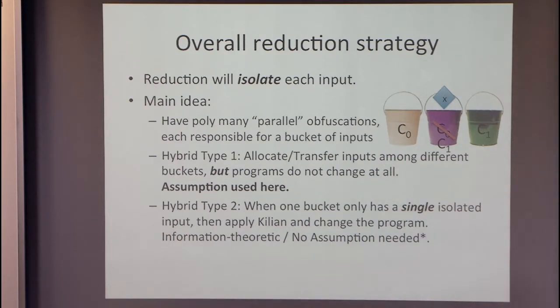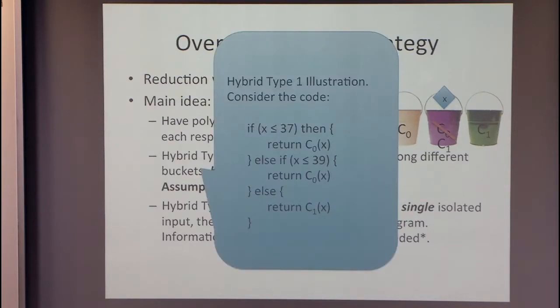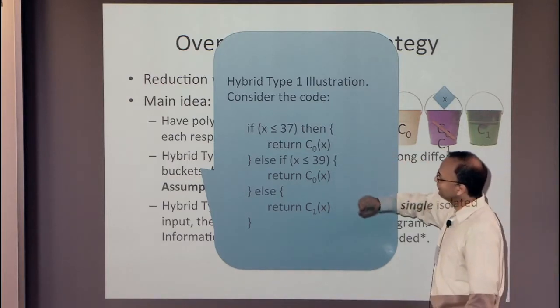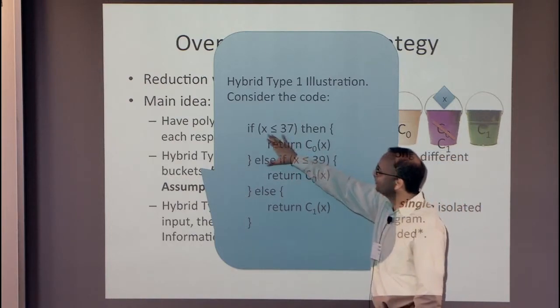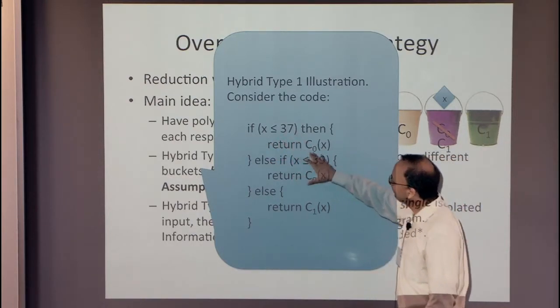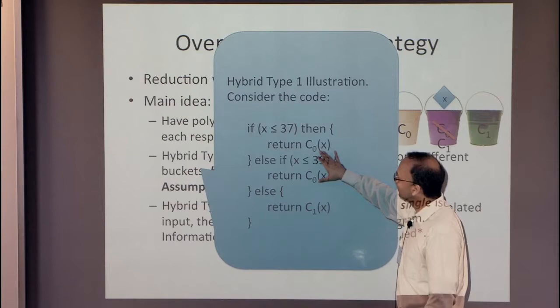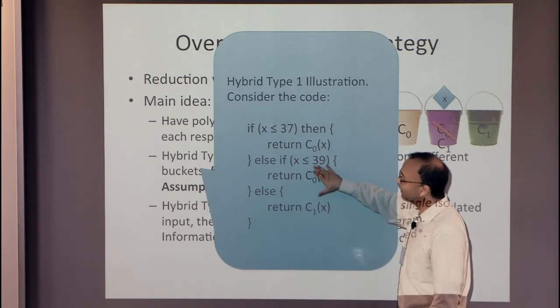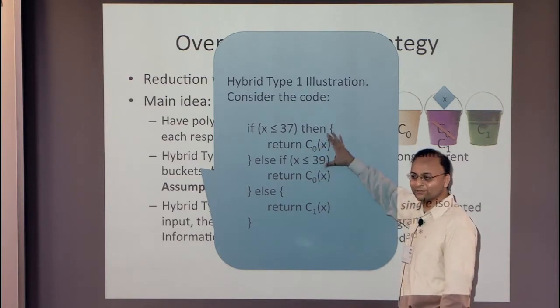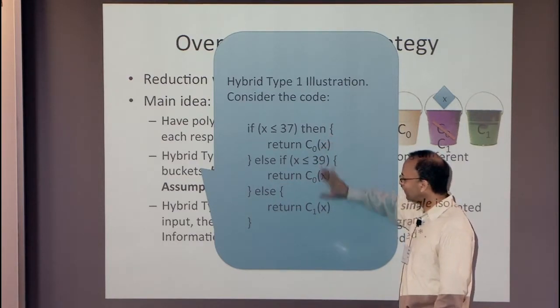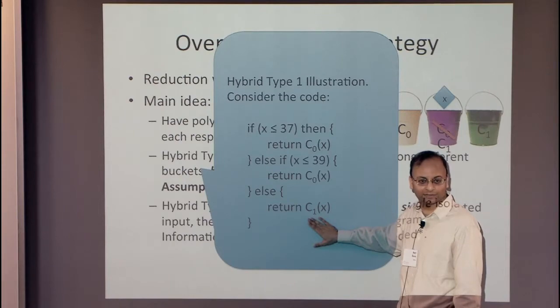Let's think about a different way of thinking about hybrid type 1. What we're basically asking is the following. Suppose that I had some code that looked like this sort of strange looking code. What does it do? It checks if the input is less than or equal to 37, if so, it runs C0 of x. Then it checks if the input is either 38 or 39, and it runs C0 of x. This is the same thing, but just does it in two different places, right? Otherwise, it runs C1 of x. Okay?